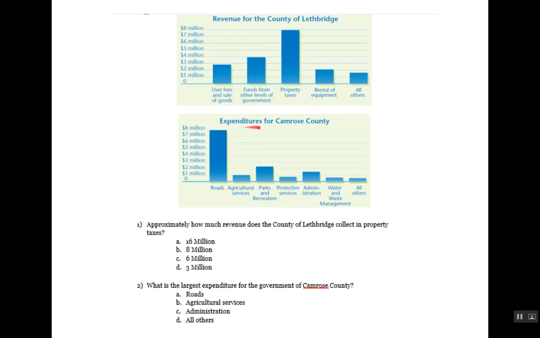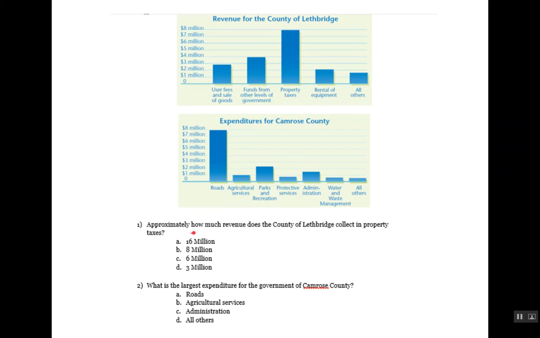The other says expenditures for Camrose County, again 0 to 8 million: roads, agricultural services, parks and recreation, protective services, administration, water and waste management, and all others.